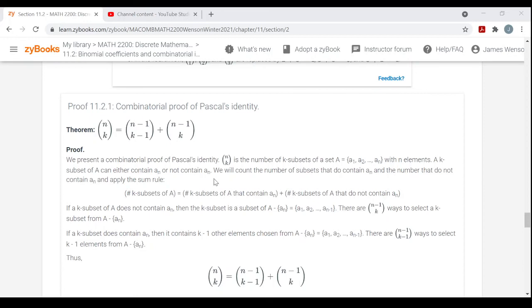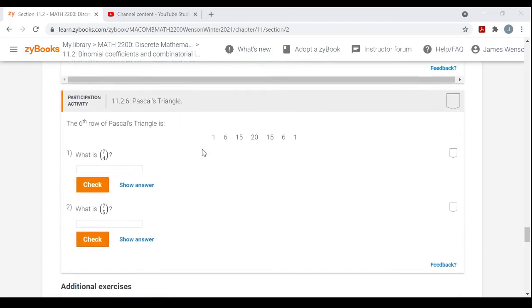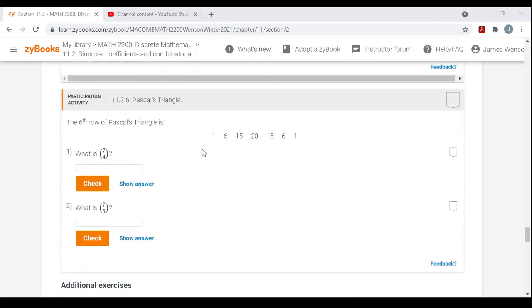So they're going to describe how if I have n objects and I count the number of k subsets, that'll be equivalent to if I take n minus 1 objects, count the number of k minus 1 subsets, and then add to that n minus 1 objects, count the number of k subsets, and they go through a combinatorial proof of that statement.